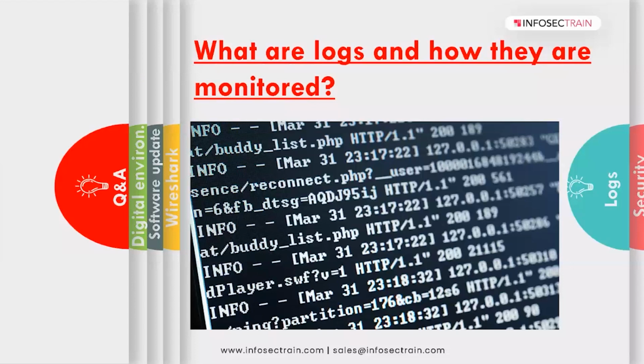So guys, logs are the digital breadcrumbs, and they unveil the activities, the events, and the potential security risks within our computer system and the network.